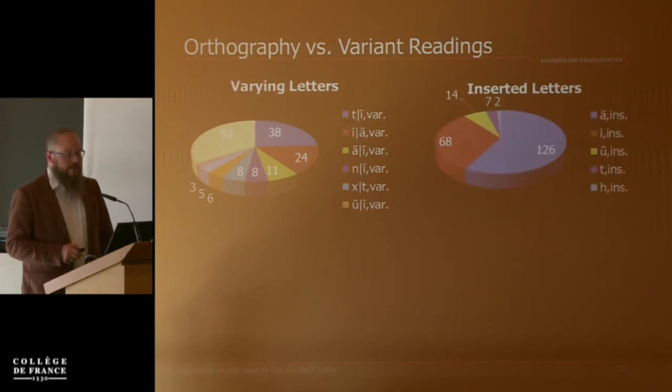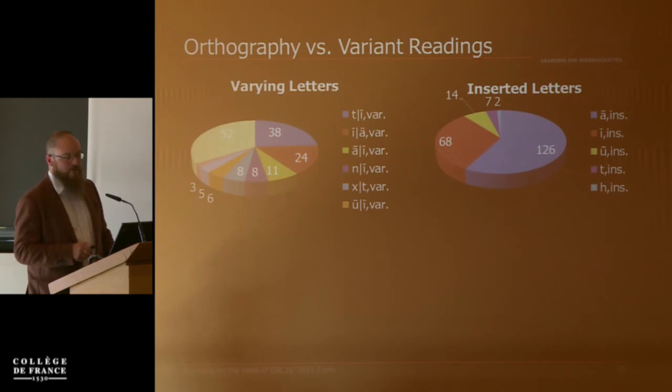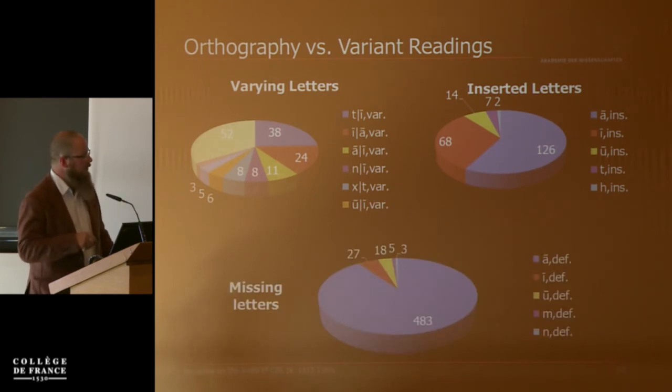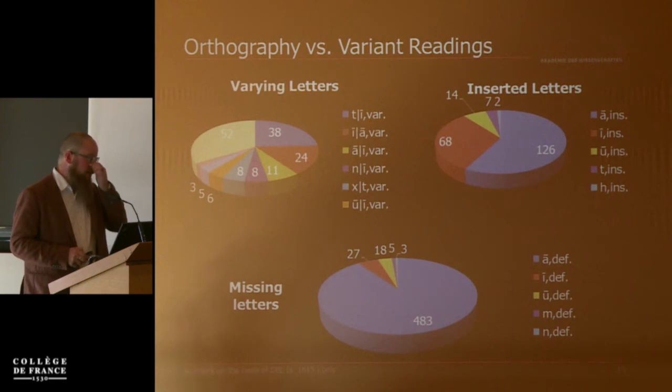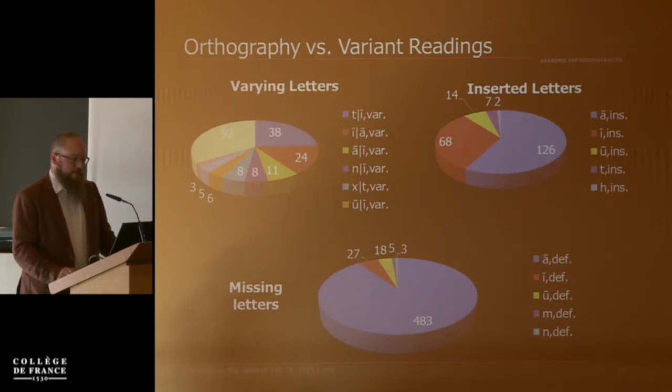You have a lot of inserted letters compared to the Cairene standard that we all know now. Overwhelmingly, of course, aleph in certain parts, and missing letters also almost 90%. It's the long alephs that are missing, which is just orthography.